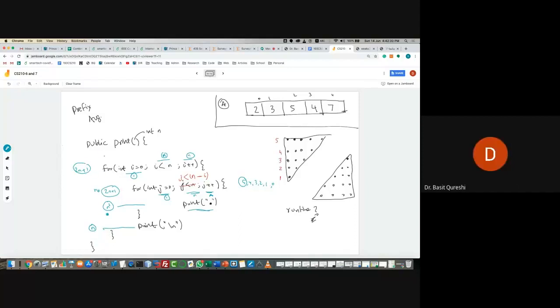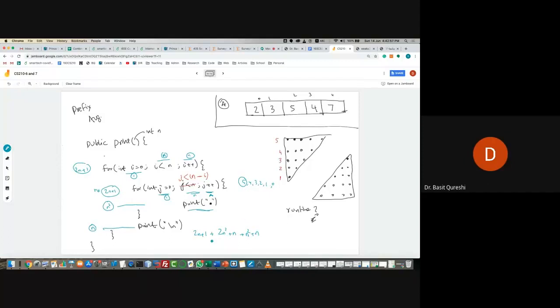Now, this is a little bit confusing. If you try to add it up, you're going to get something probably more than n squared. Let's try to do this. Let's write this down. So I'm getting 2n plus 1, plus 2n squared, n squared plus n, plus n squared plus n.